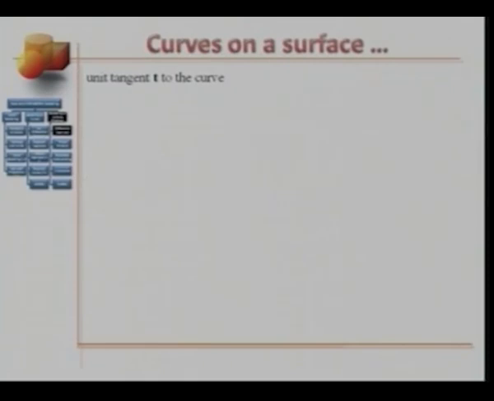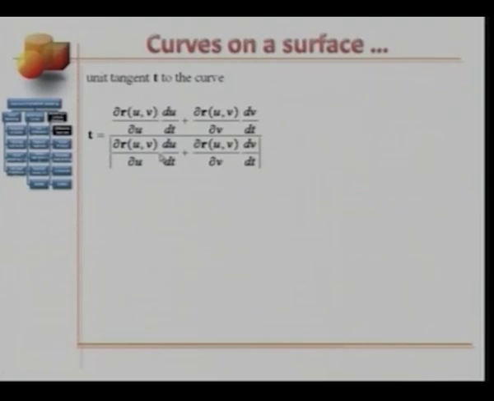Well, let's talk about the unit tangent bold T to the curve. The unit tangent T is given as partial r over partial u, which is r sub u in short, times du over dt plus partial r over partial v times dv over dt over the absolute value or the modulus of this vector.